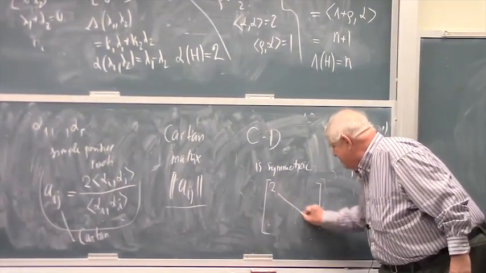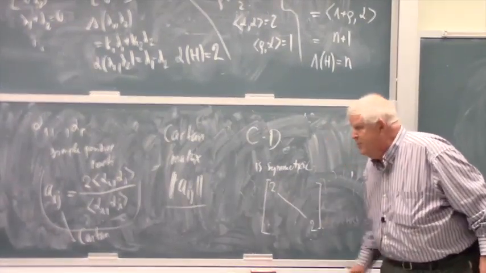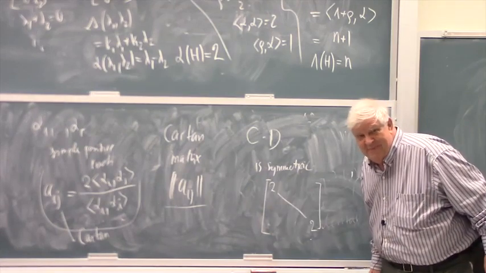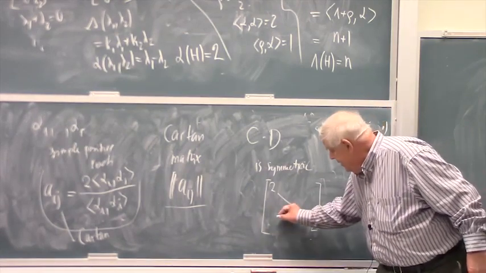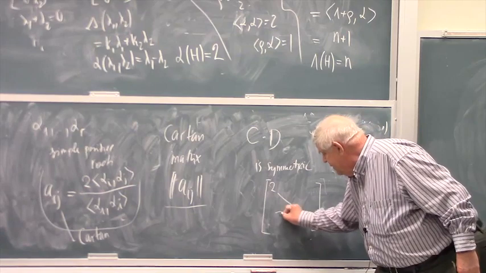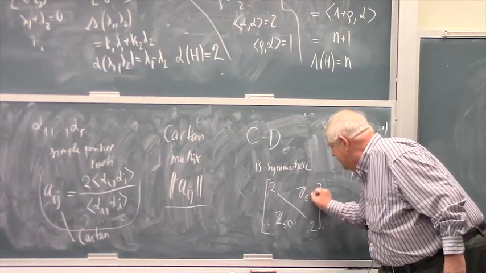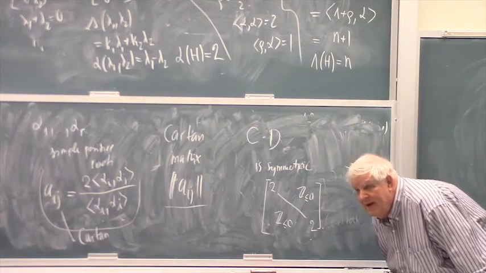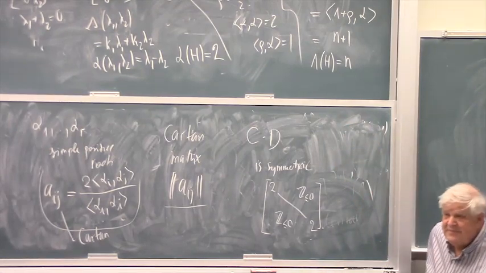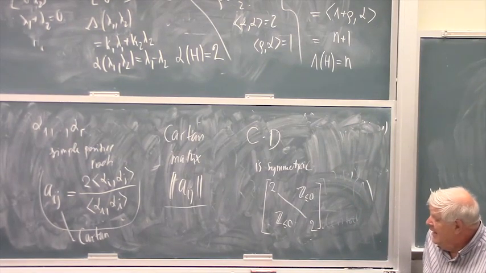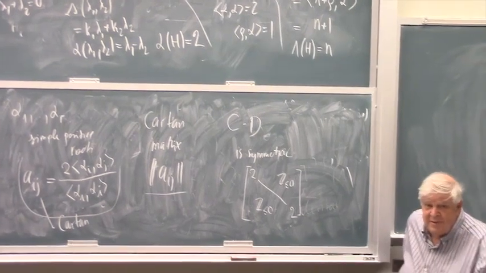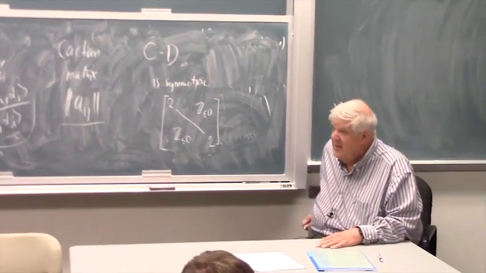The diagonal entries are equal to 2. It's visible from this formula. The other entries are non-positive integers, with this property of symmetrizability.